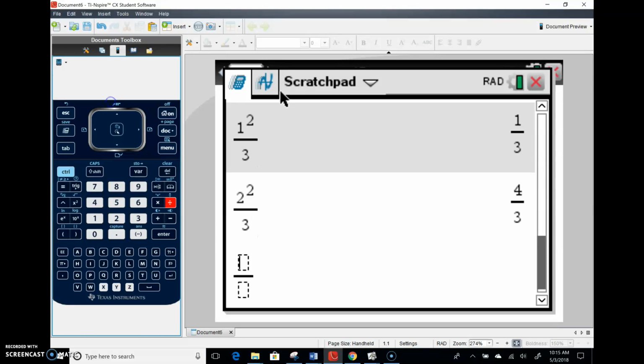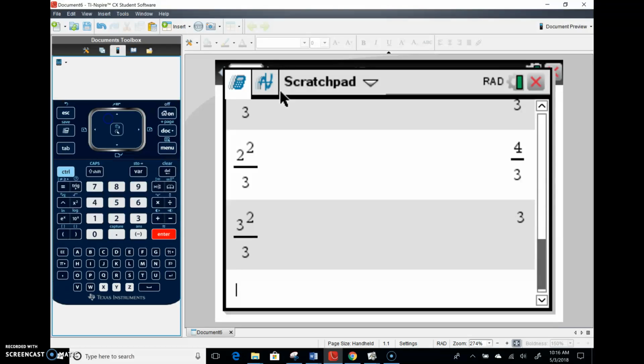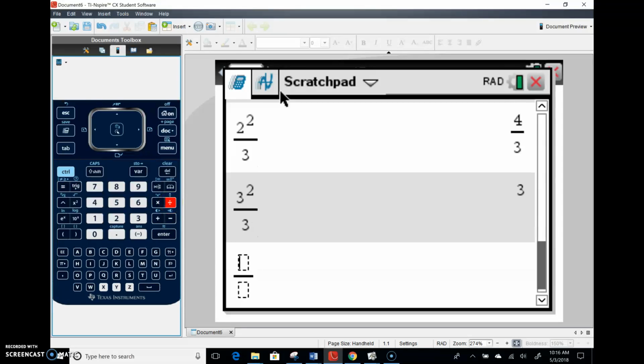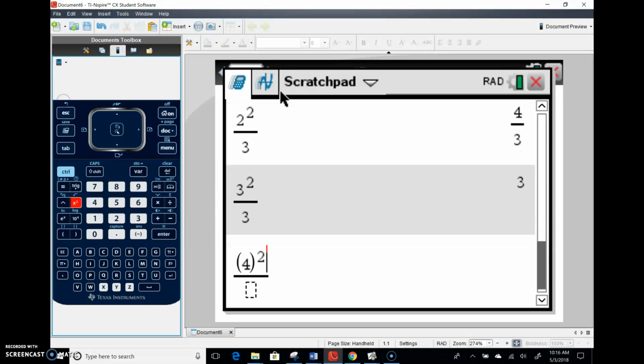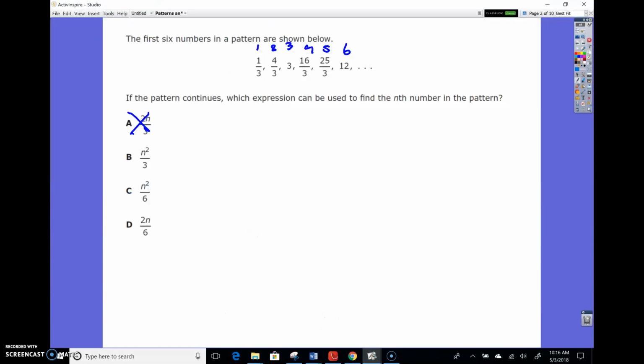Okay. Then I'm going to do 3. Enter. The answer is 3, so that's good. I'm going to go to 4 now. I substitute 4 in. 16/3, is that correct? 16/3. You can try 5 and you can try 6, but that is our answer, okay?